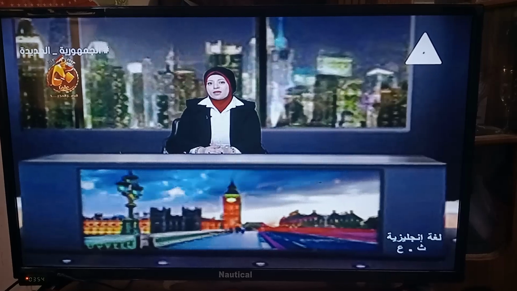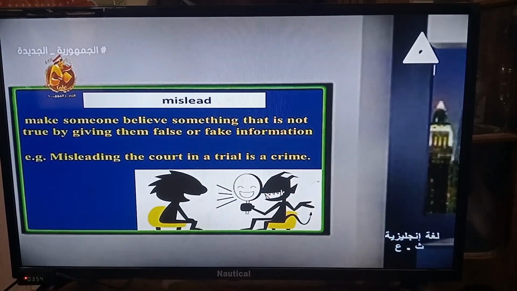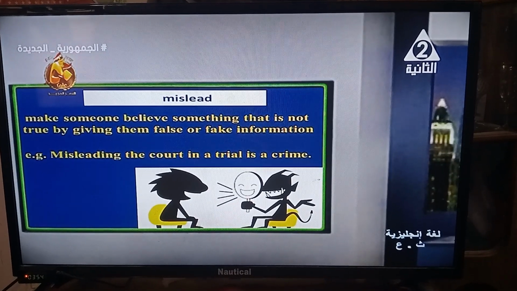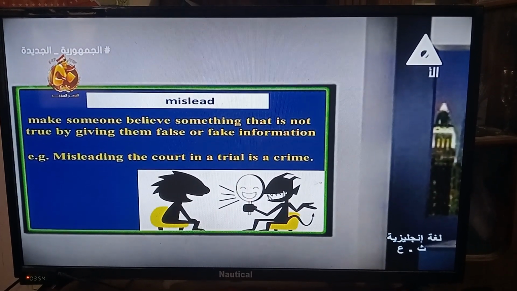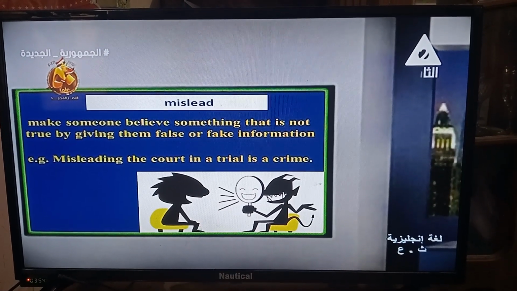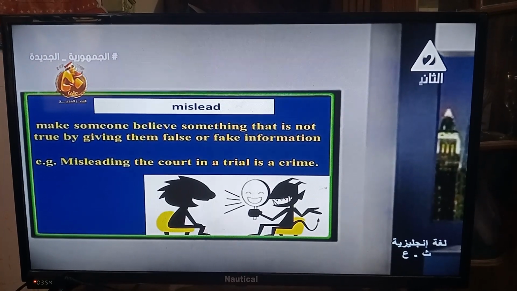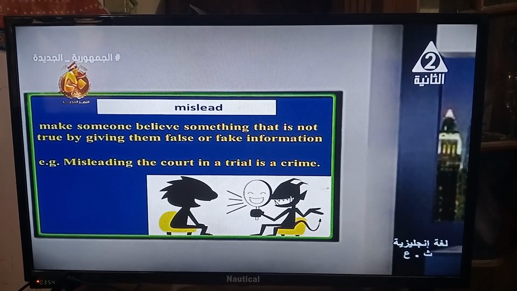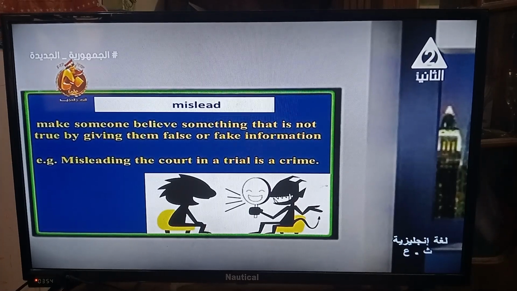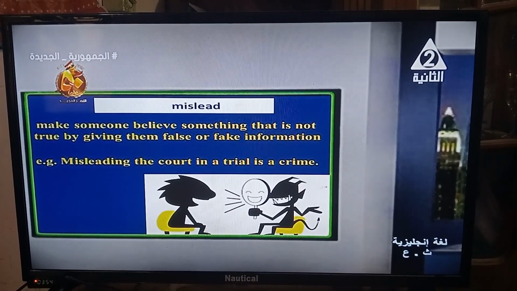If you have a look at this example, misleading the court in a trial is a crime. Here in this sentence, you will find that the verb mislead means that you make someone believe something that is not true by giving them false or fake information. Let's say it, mislead.